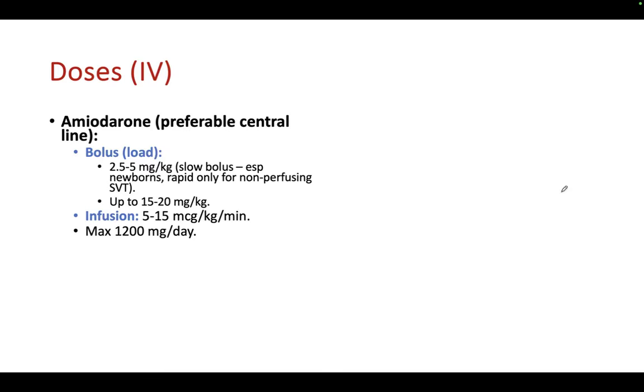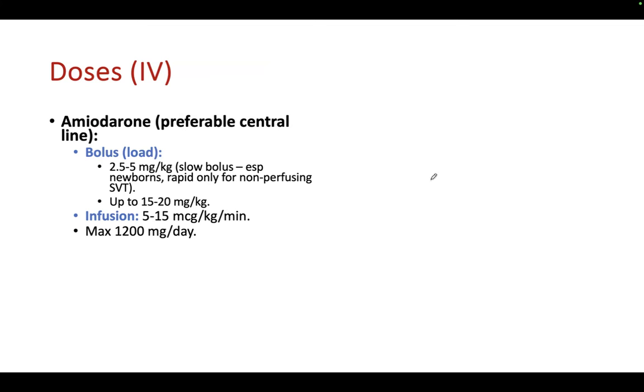So if the patient is relatively stable, I start with infusion and skip the bolus. If the patient is not a baby, not an infant, especially outside the newborn period, then I might consider bolusing. But again, I think infusion is often good enough.